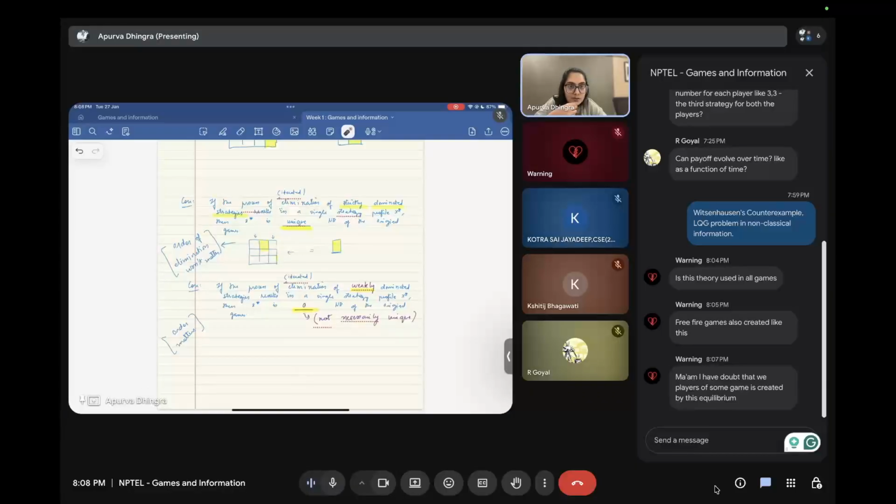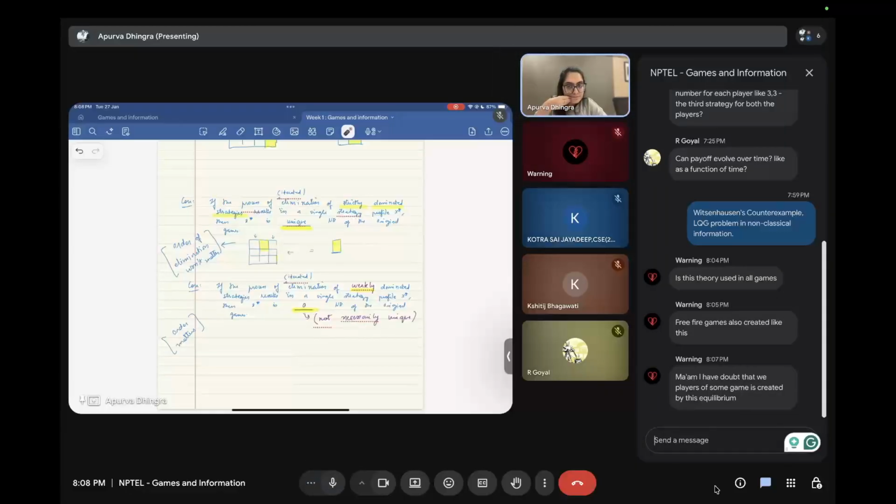I am not aware of what Free Fire games is. I guess this course does not talk about the development of games. This is not creating games. We are talking about the theory of games.